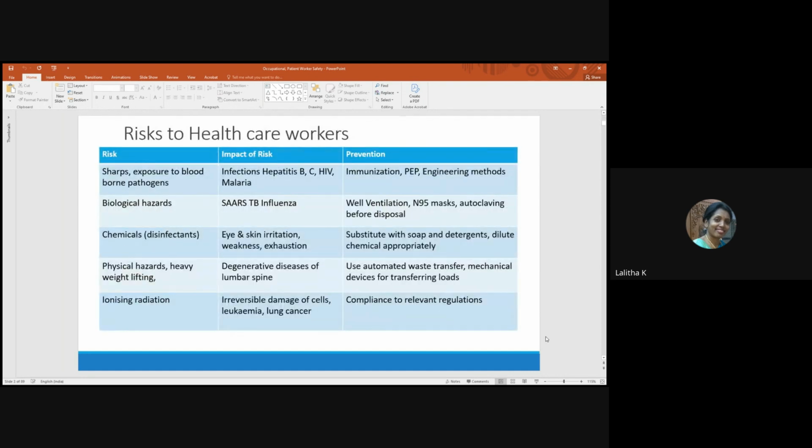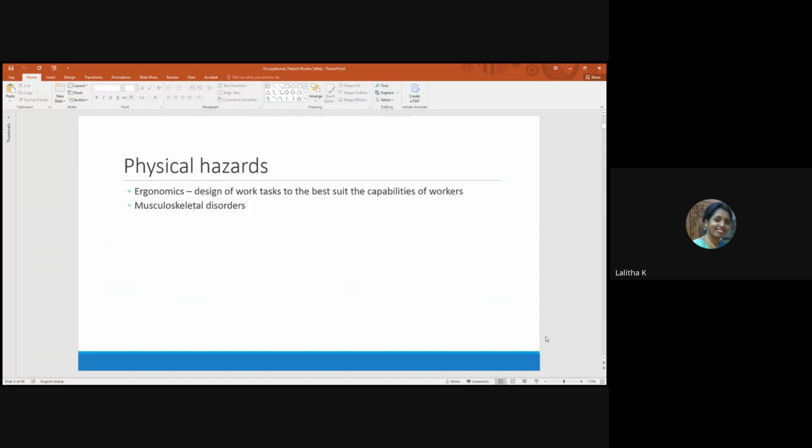These are the risks, so what is the impact of each risk and how do we prevent it? I think this table is very comprehensive and gives us an idea of the different risks we are exposed to, what damage each can cause to a healthcare worker, and what preventive measures we can take. We'll look into that in a little more detail.